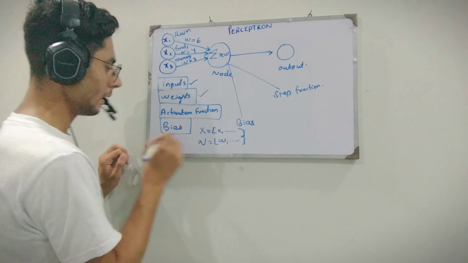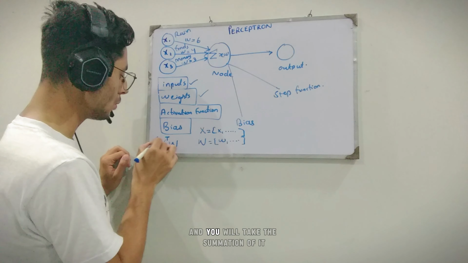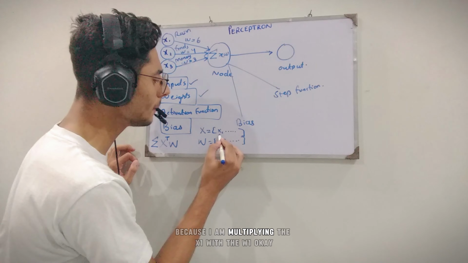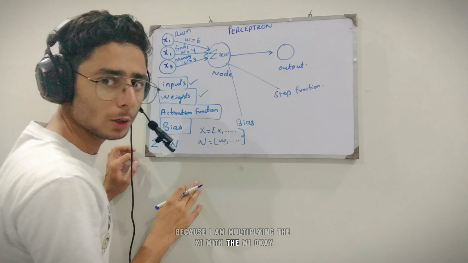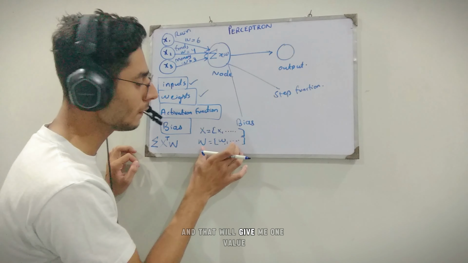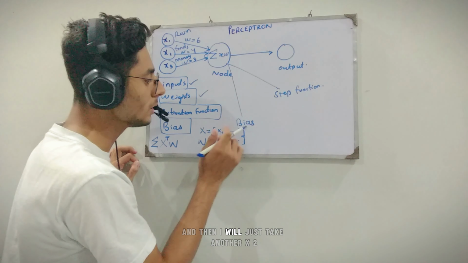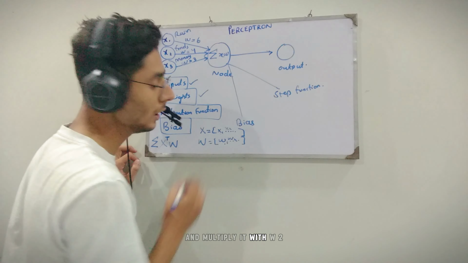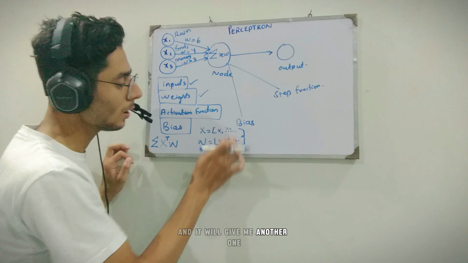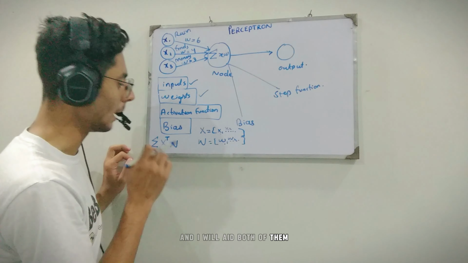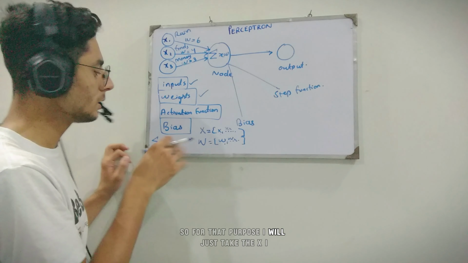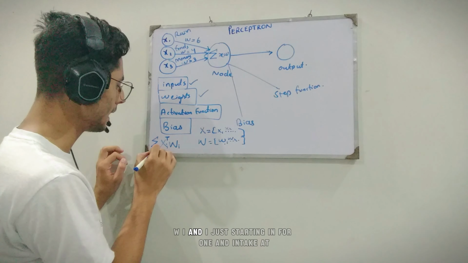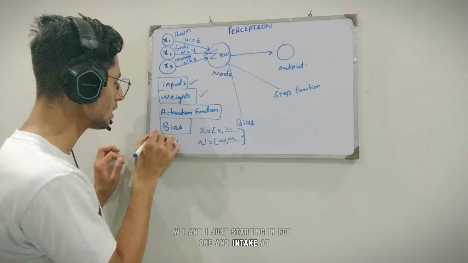When you multiply them, you take the summation, because I am multiplying x1 with w1, and that will give me one value, and then I take x2 and multiply it with w2, and it gives me another one, and I add both of them. So for that purpose, I will take xi wi, starting from 1 and ending at n.